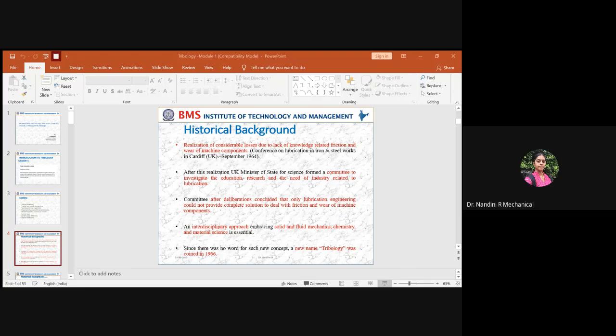You cannot extend these predictive tools for analyzing a larger range of parameters. It has its own restriction. It has to come out of the boundary to solve the problem which is needed in our subject tribology. So separately, these tools cannot be used for a longer range of parameters.